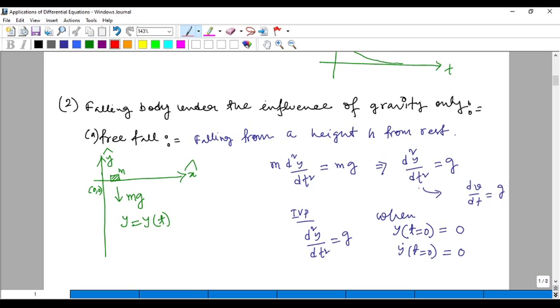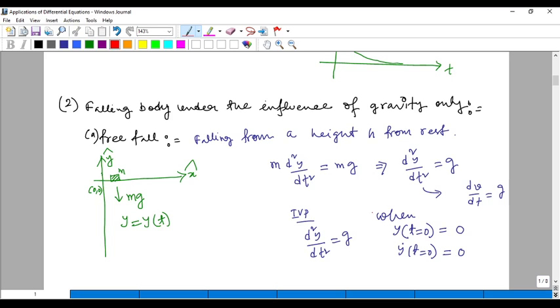From the second order differential equation, we have to solve for two constants c1 and c2, and then find the value of y, that is the distance of the body from the origin. So in this problem, we have to calculate the position after time t, or the distance of the object from the origin o.